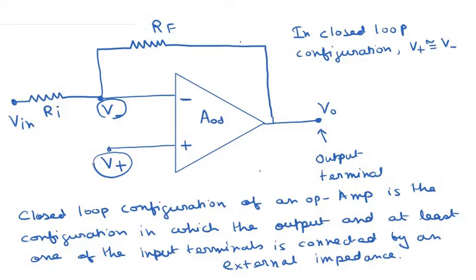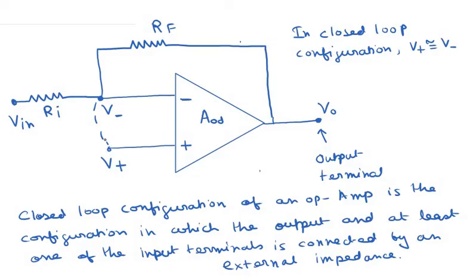If V plus and V minus are approximately the same, then we can think that these two terminals are basically shorted by a wire. But in reality they are not actually shorted.